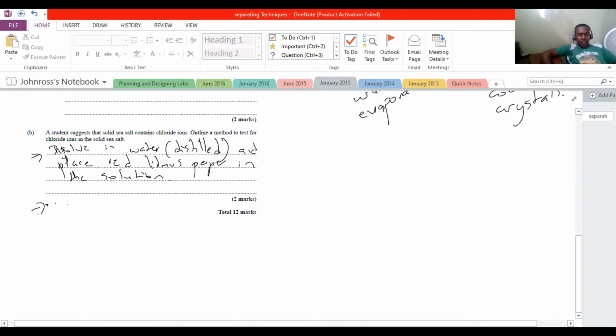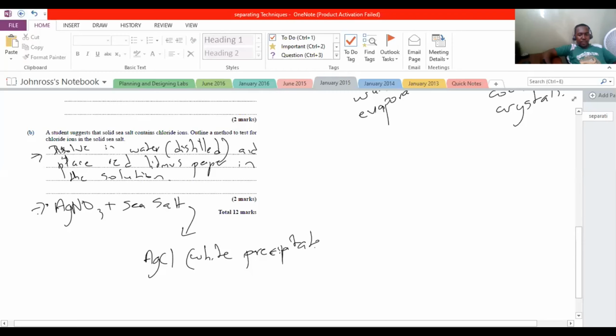So you can use silver nitrate and mix it with the sea salt, right? And when it reacts, it's going to produce AgCl, white. And this gives you a white precipitate.